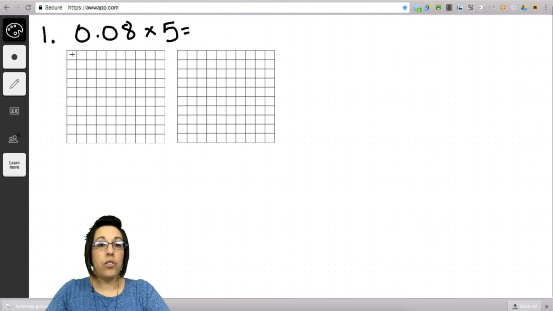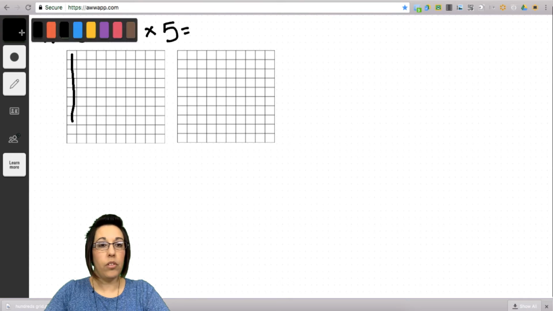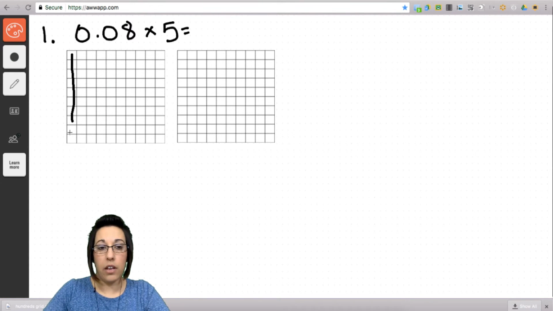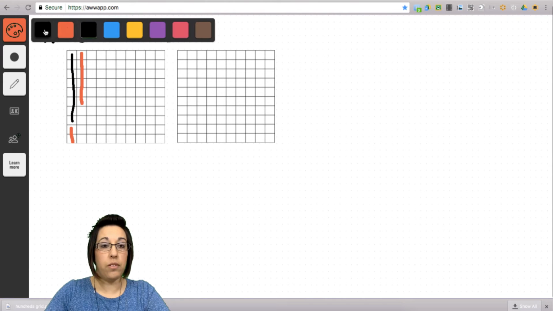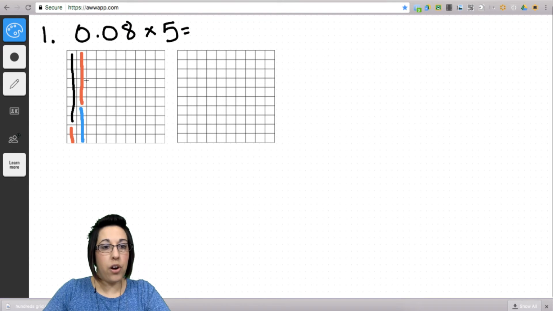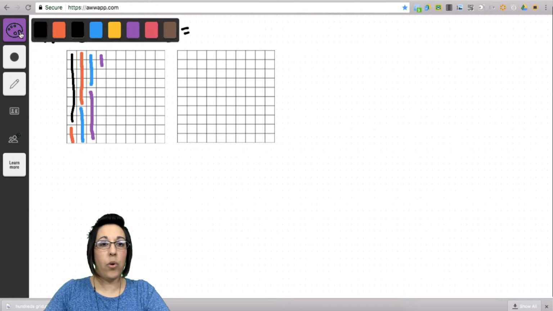So when we draw it on the hundredths chart, 8 hundredths would be one group. I'm going to switch colors so we can see it. 2 plus 1, 2, 3, 4, 5, 6 is 2 groups. 4 plus 1, 2, 3, 4 is 3 groups. 1, 2, 3, 4, 5, 6, 7, 8 is 4 groups.